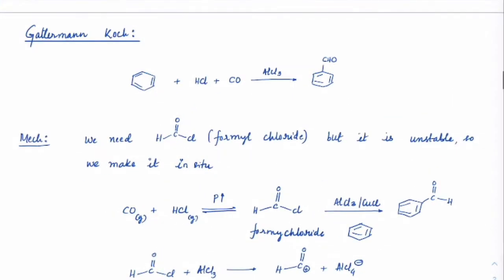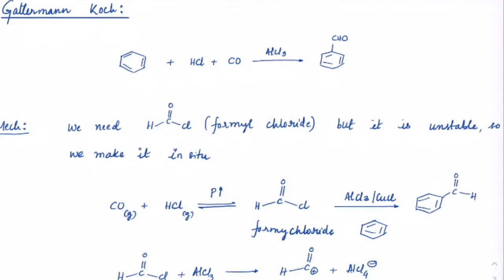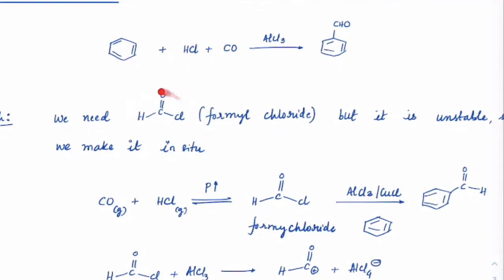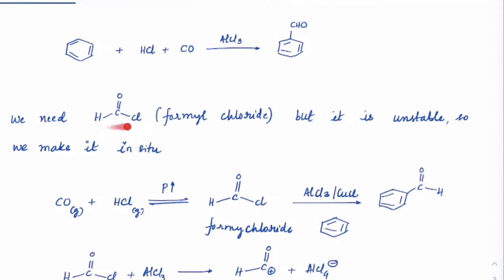In Gattermann-Koch, we are taking CO and HCl and trying to react them in the presence of AlCl3. The idea is to get formyl chloride, HC double bond OCl. But formyl chloride is highly unstable.